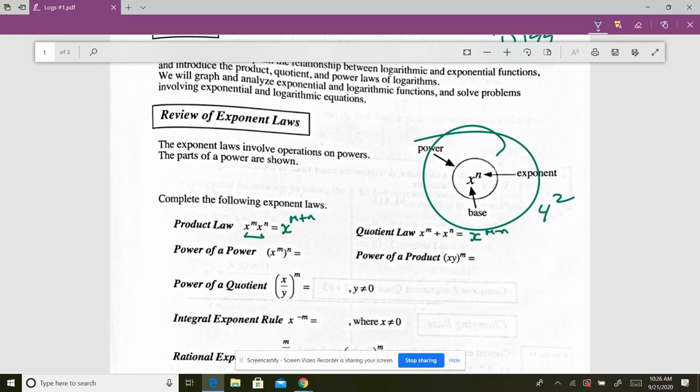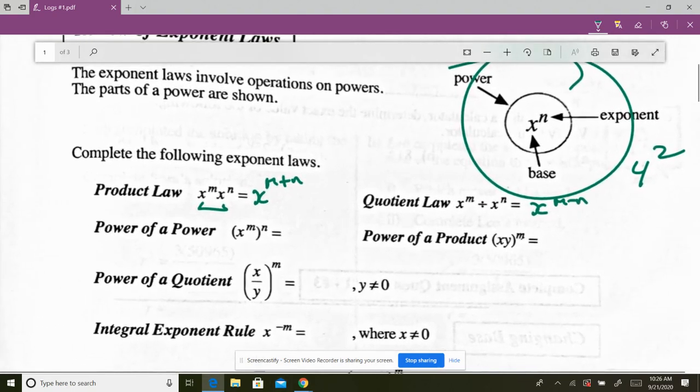M minus n. If you have an exponent raised to an exponent, what do you do with the exponents? Multiply them. So it's x to the m times n.